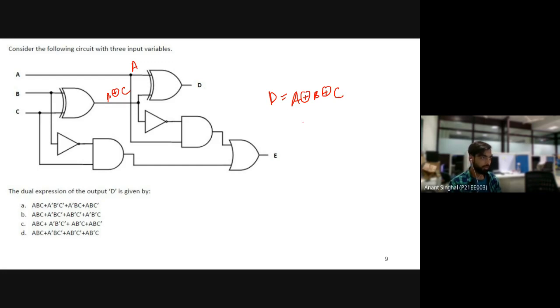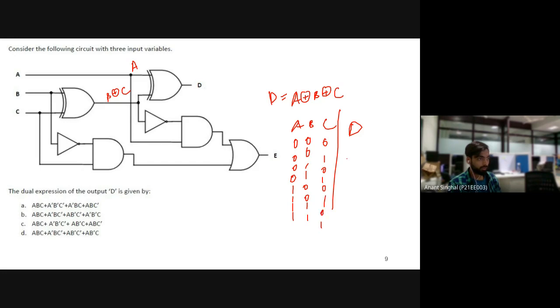We can also write a truth table for that. A, B, C, and then we can write D. Here it is 0 0. For an XOR gate, we know that it is an odd parity generator. So wherever we get an odd number of ones, it will give one.